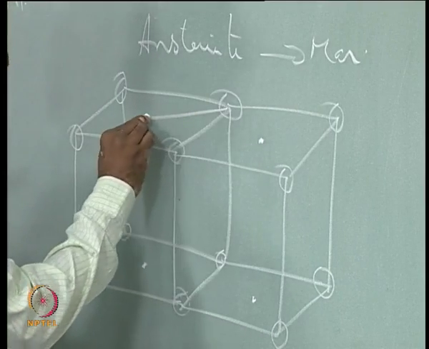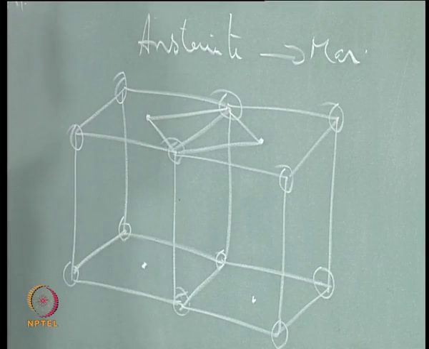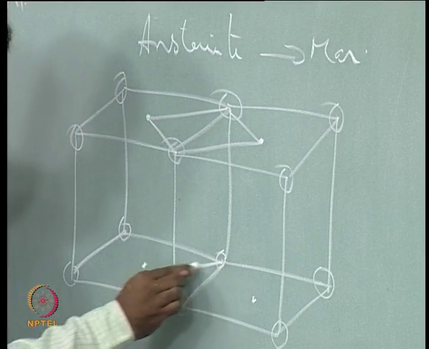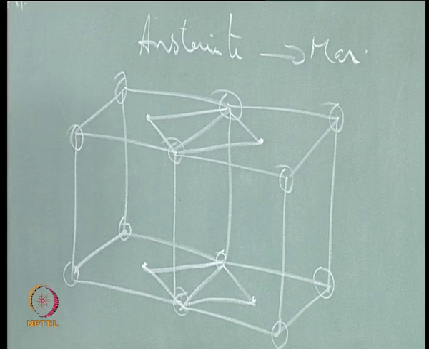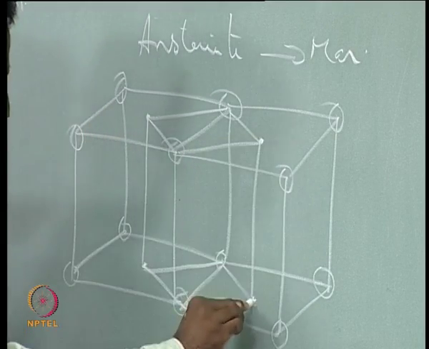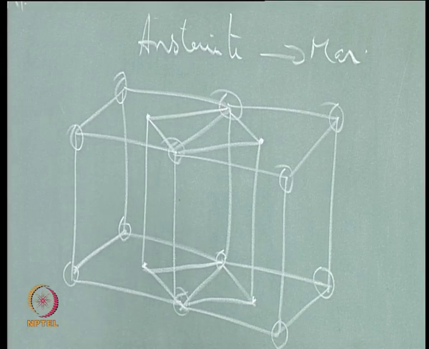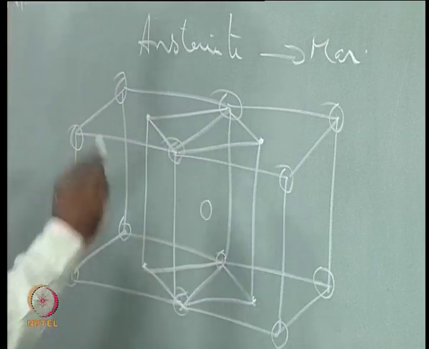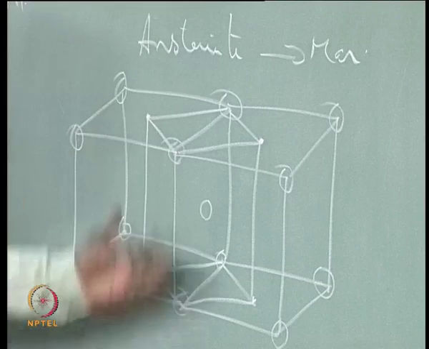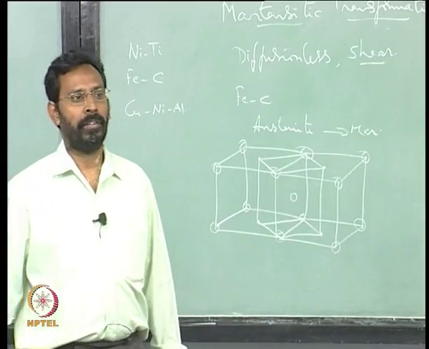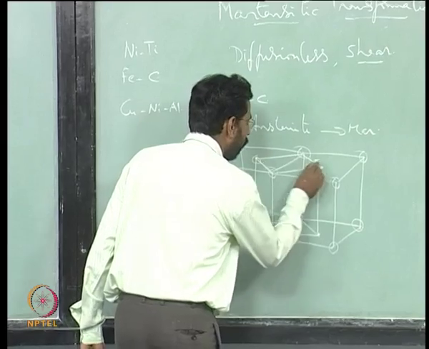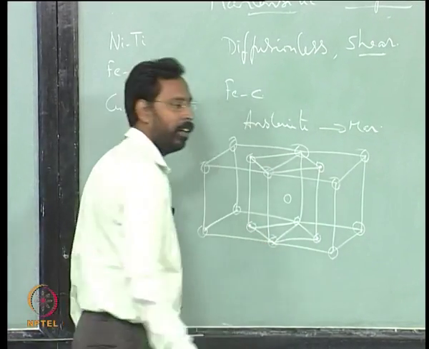If I join these lattice points, two of them, and if I also join this lattice point with the corner atoms or corner lattice points and join this, in principle what you have generated now is what kind of a structure, what unit cell is that? It is a tetragonal unit cell, and not only is it simple tetragonal, it is a BCT because there is one here. The face centered lattice point of this becomes a body centered lattice point for the body centered tetragonal. So now you have a BCT generated out of an FCC.